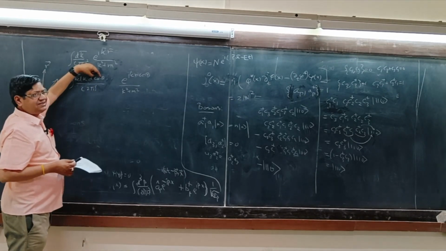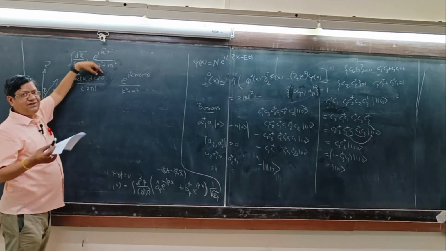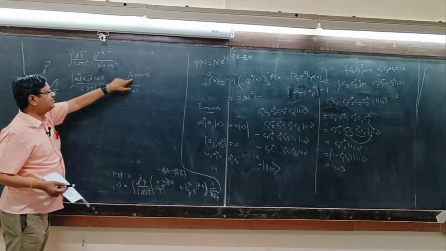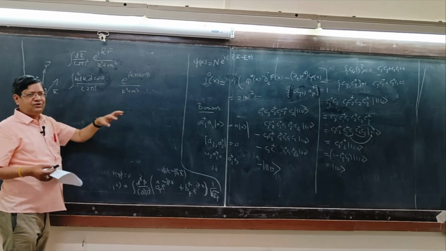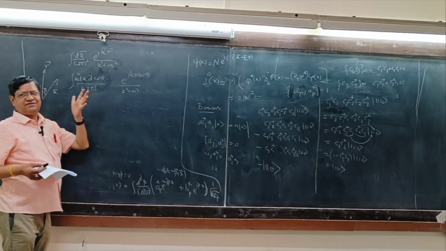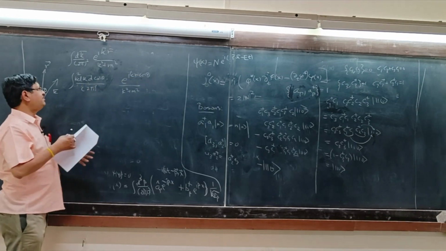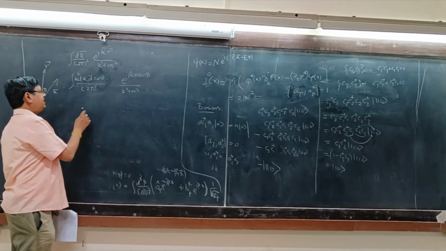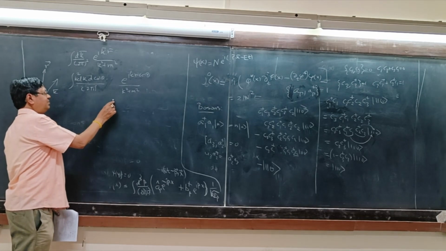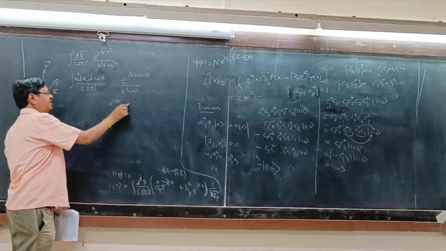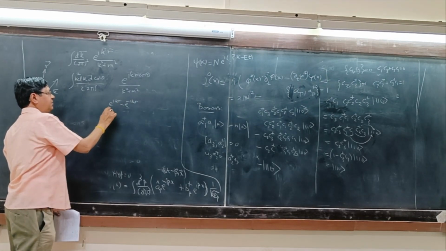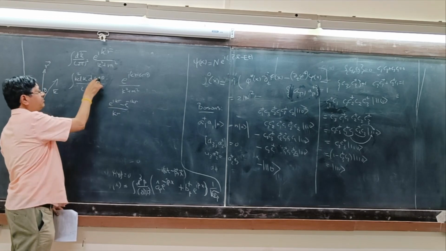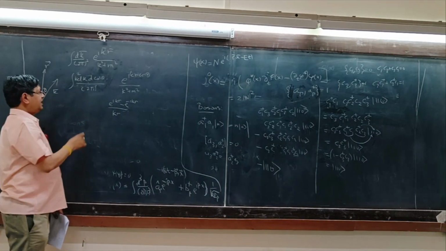Now d cos theta. Don't do the theta integral directly. Use cos theta as z or some other variable s. So ds e to the i k r s. That gives you sin k r. The limit for cos theta is minus 1 to 1. So you write it as e to the power i k r minus e to the power minus i k r, by k r.